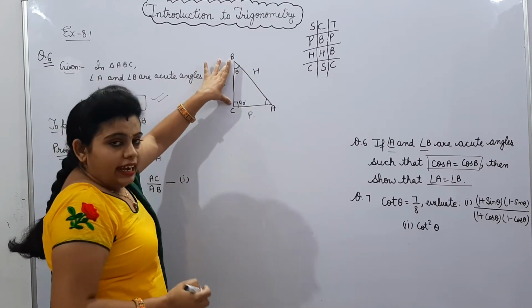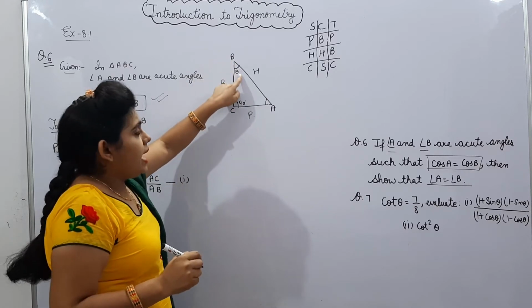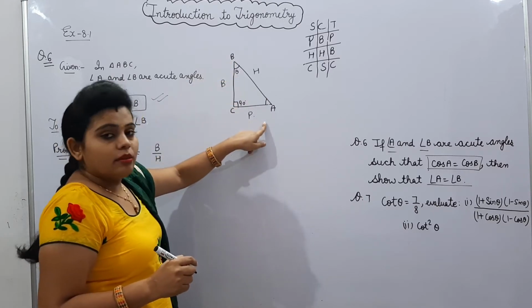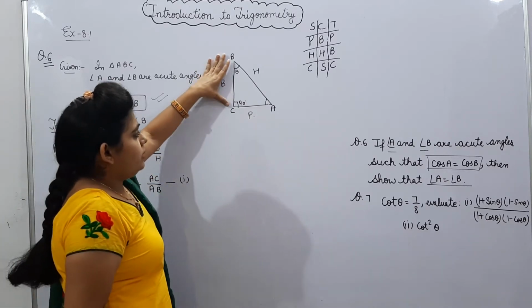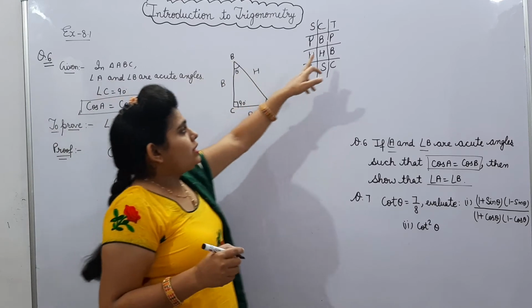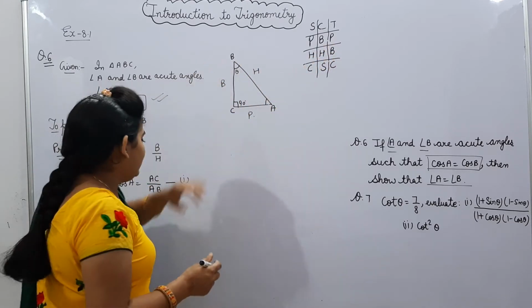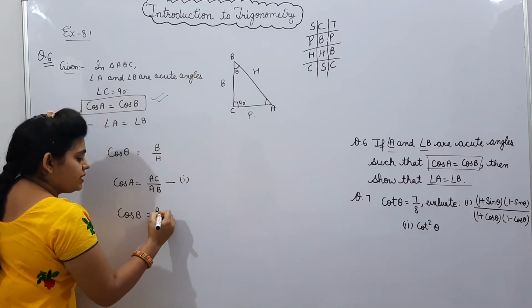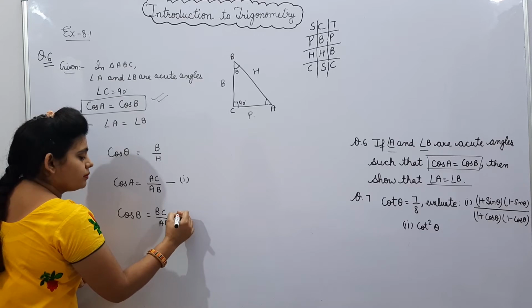Beta, the side adjacent to the given angle is base and the side opposite to the angle is perpendicular. Then for cos B, we know that cos theta is base upon hypotenuse. In this case BC is base and AB is hypotenuse.